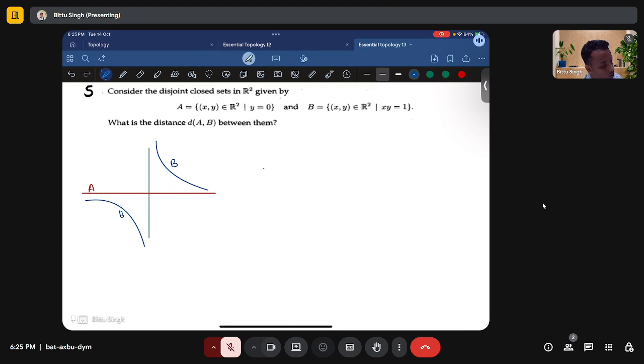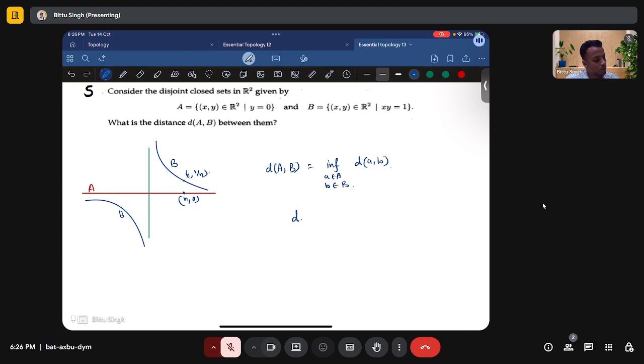So we know the distance d(A, B) is defined as the infimum of d(a, b), where a belongs to A and b belongs to B, right? Now, if we consider only some points, for example, (n, 1/n) and another point (n, 0).